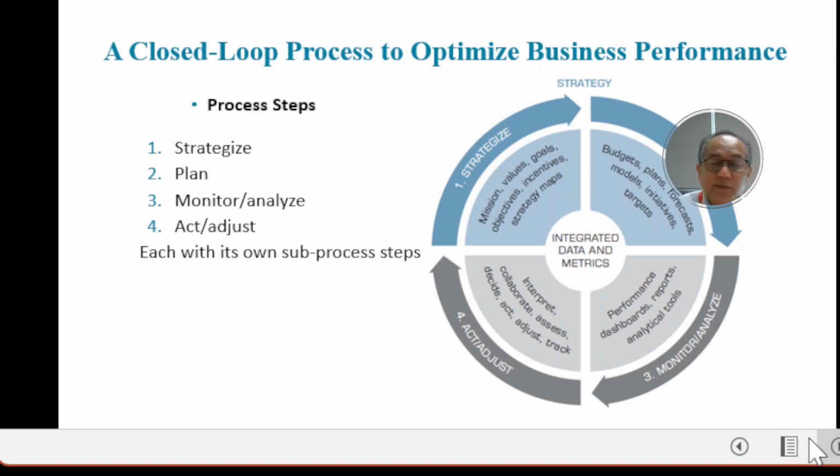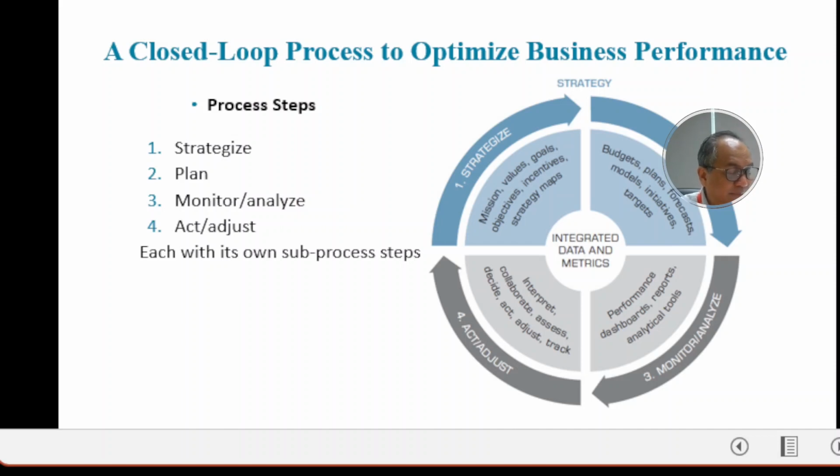The first stage we look at is strategize. Strategize in general terms is a high level plan of action. So it is long term, over a long period of time, to achieve a defined goal.